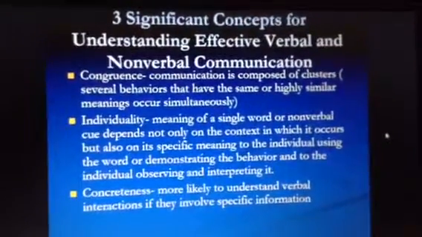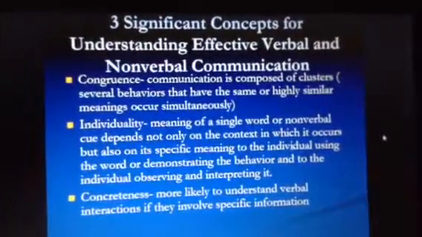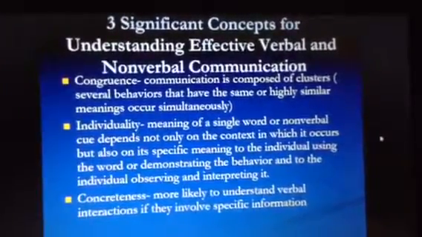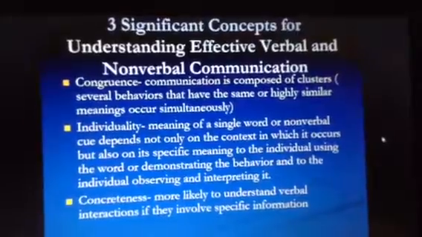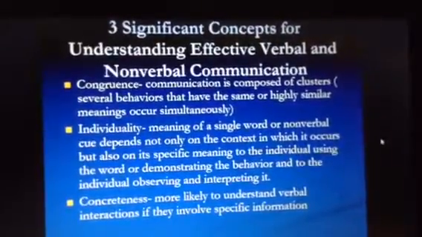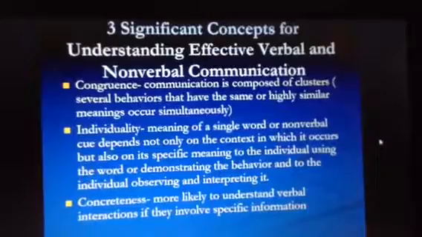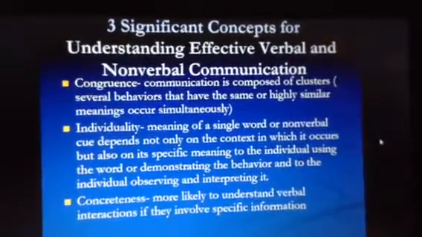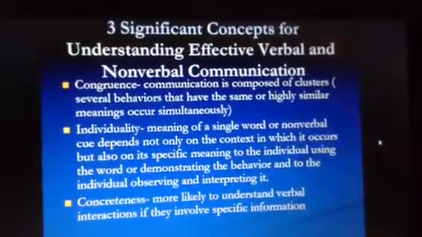There are 3 significant concepts for the understanding of effective verbal and nonverbal communication. The first one is congruence, and that is communication that is composed of clusters. So this is several behaviors that have the same or highly similar meanings occurring simultaneously.